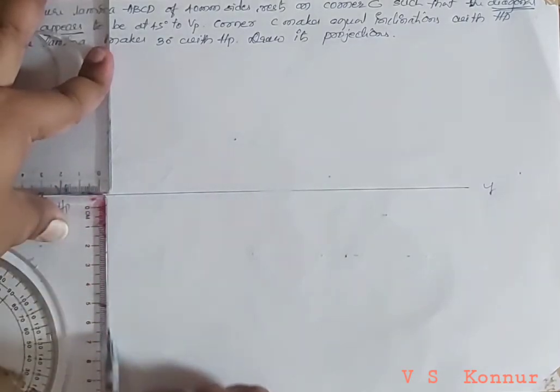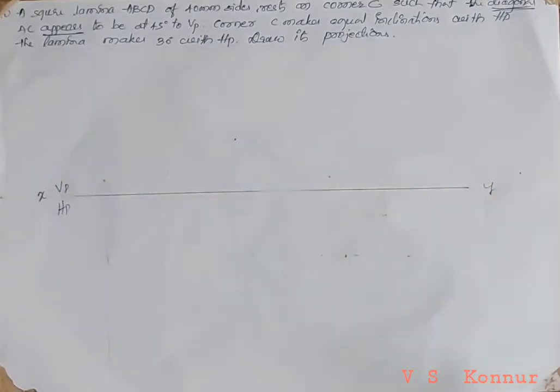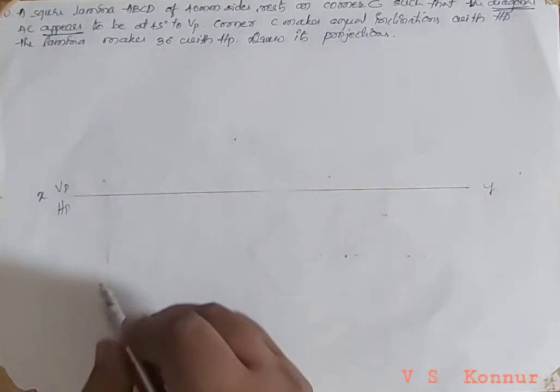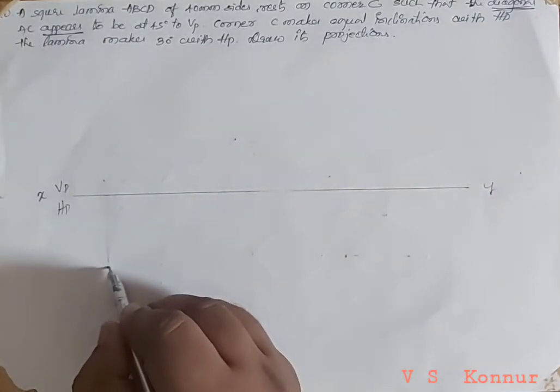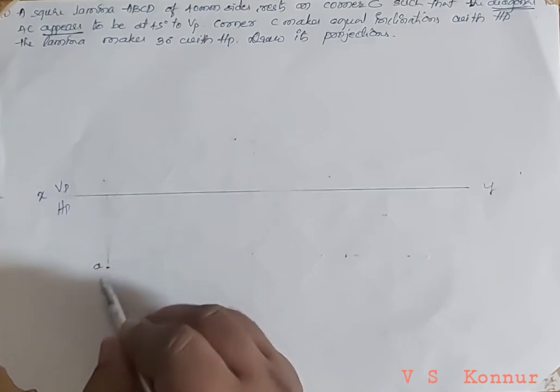So we'll draw a vertical line. From this point we should consider a 45 degree line. So we'll mark it as A point.